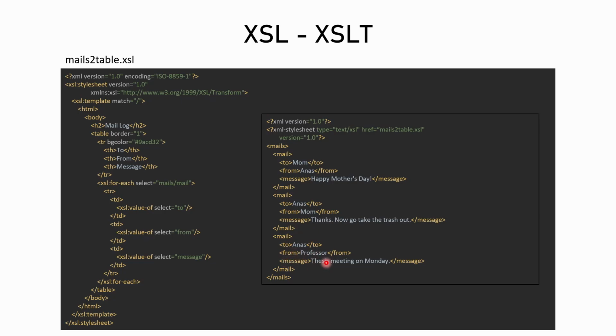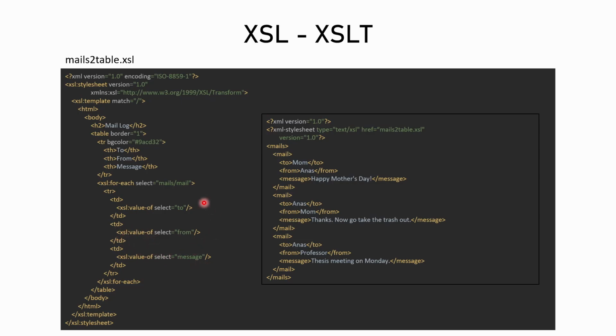All right, so once we have started writing our xsl:for-each element, inside that we will have table rows, right? The table row will have 3 table data elements because we have 3 elements, that is to, from, and message. And inside those table data elements, we will be using xsl:value-of to get the value from those elements. So we have xsl:value-of for to, xsl:value-of for from, and finally xsl:value-of for message.